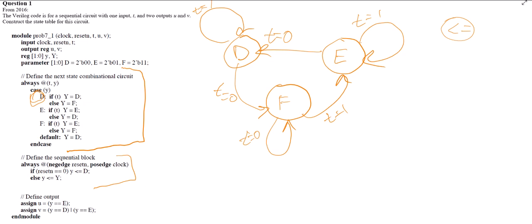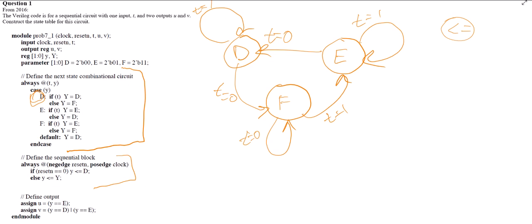What this default is saying is that if you did happen to get a 10, which is not D, E, or F, then the next state would be D. Okay, so that is defining the next state. Before I go on, let me see if that matches what I have here. And it does.